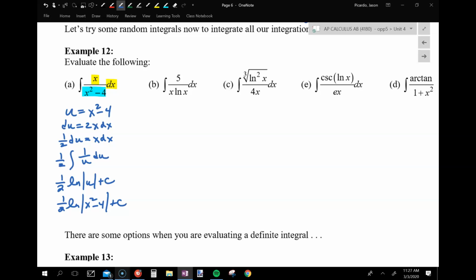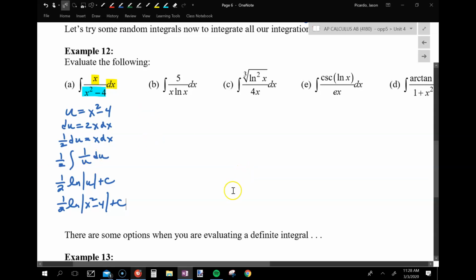How about here? How about B? This is kind of a hidden one, a little bit. Again, remember, you're looking for something that when you take a derivative, it gives you something that you can what? Substitute out of what we have in front of us, right? So thoughts.